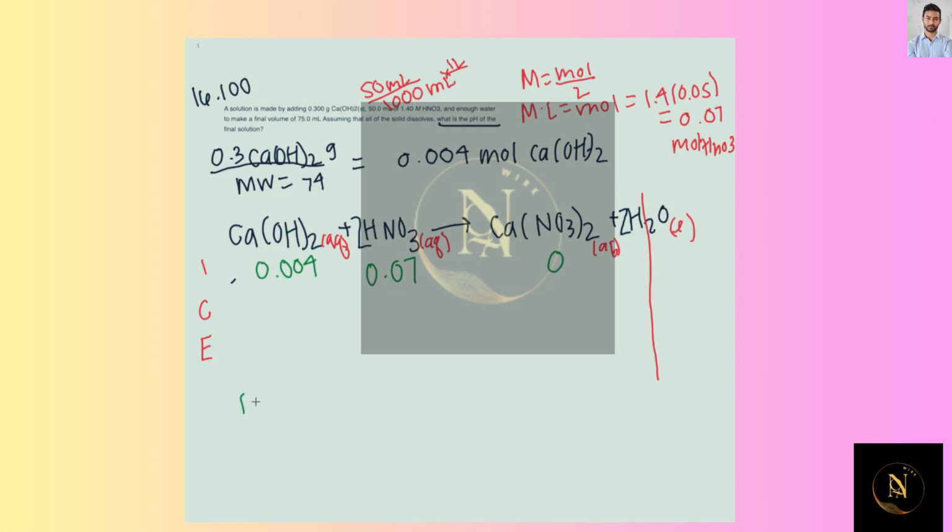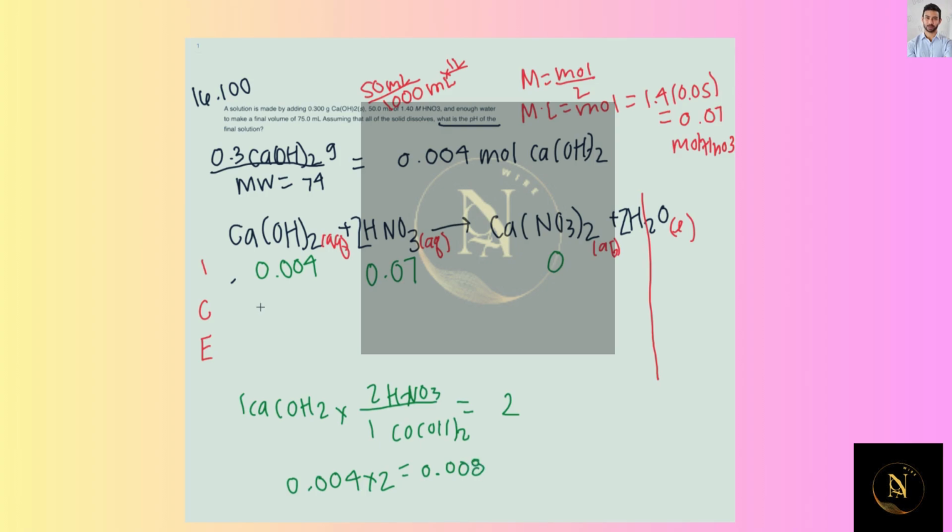If you have 1 mole of Ca(OH)2 to a 1:2 ratio of HNO3, you have 2 moles of HNO3 per every 1 mole of Ca(OH)2. So we multiply 0.004 by 2 to know how much we are losing of the original HNO3, so 0.008.